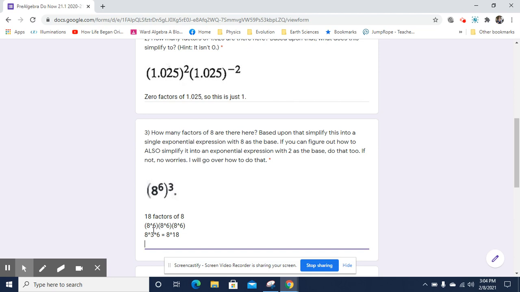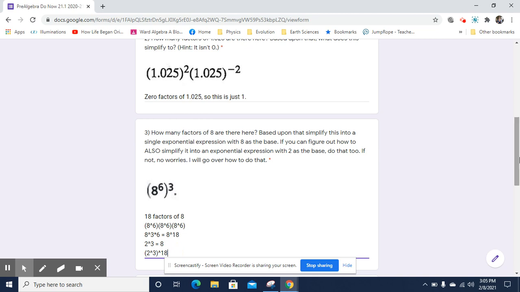Well, let's consider how we could rewrite 8 as an expression with 2 as a base. Well, 8 is the same as 2 to the 3rd. That equals 8. So if I have 2 to the 3rd now, and I have that to the 18th power, well, now I'm using 2 to the 3rd as a factor 18 times.